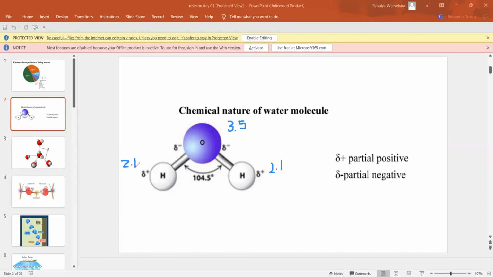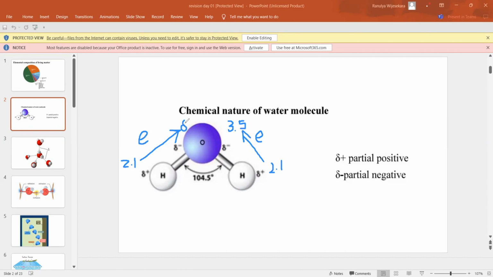Due to this electronegativity difference, what happened? There are electrons in the bond between the oxygen and hydrogen atoms. Due to this electronegativity difference, the electrons of this bond are pushed towards the oxygen atom. So the electron cloud is concentrated on oxygen, and therefore it gets a partially negative charge.